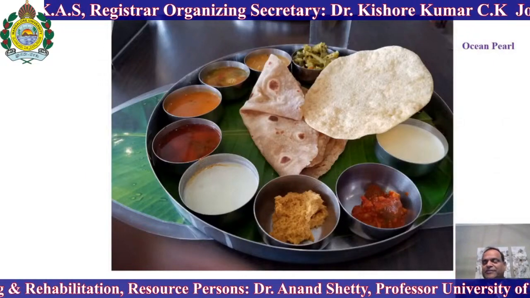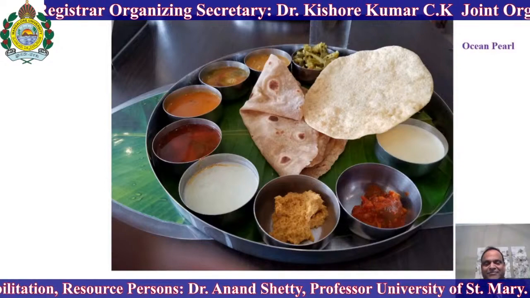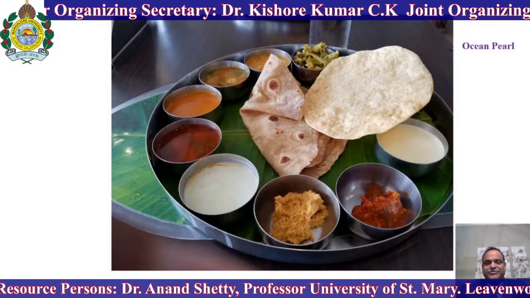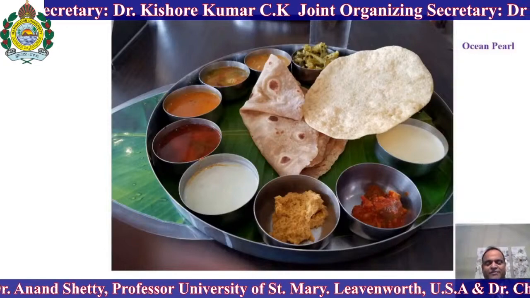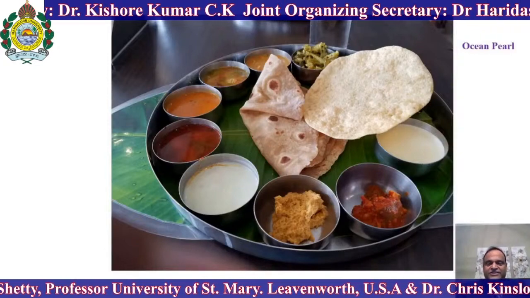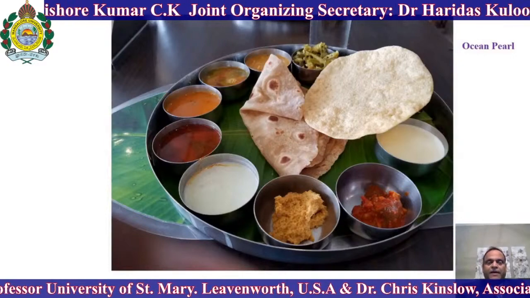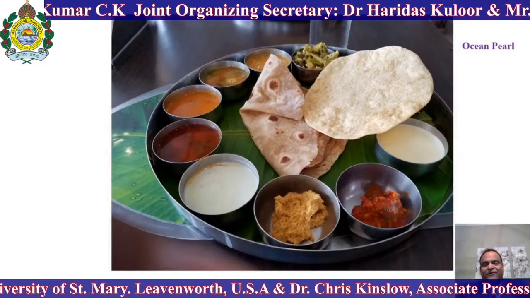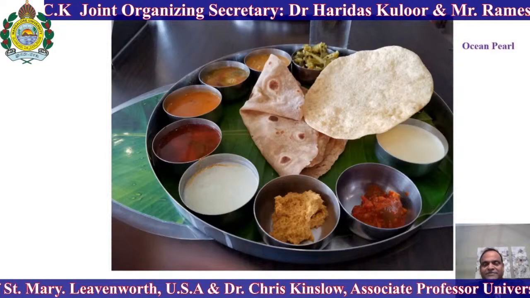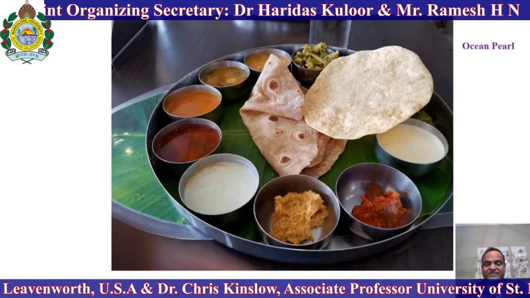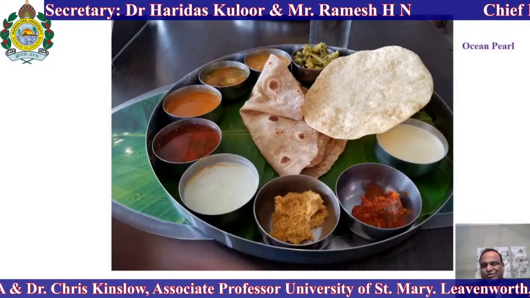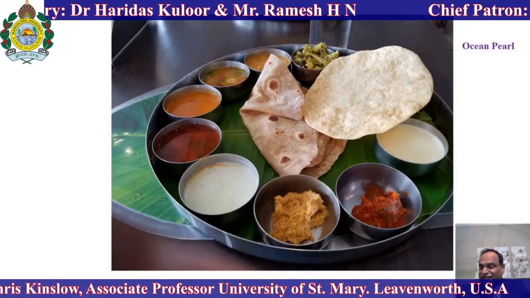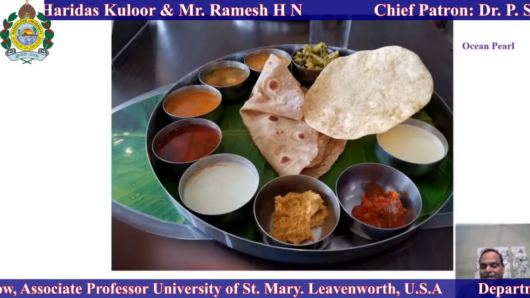Lastly, I want to show you a meal plate for lunch, which I had at Ocean Pearl in Udupi. Generally, my body requires about 1,600 calories per day. But when I look at all the items I got plus rice, that definitely was about 1,200 to 1,500 kilocalories per meal.